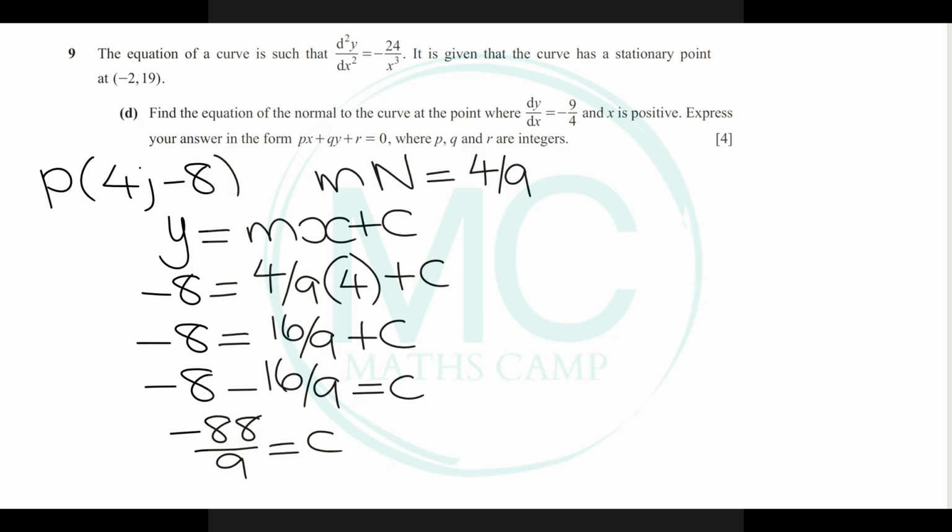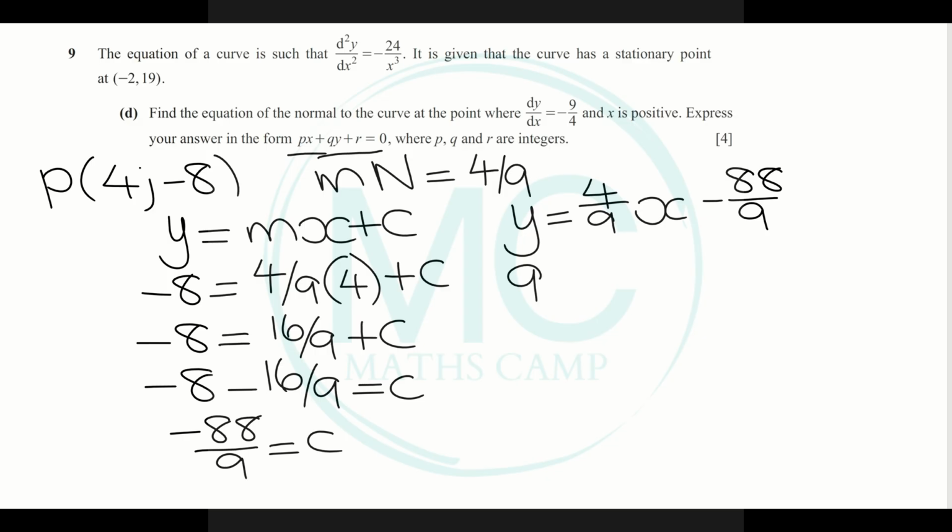And now we can write our equation for the normal in the form y is equal to mx plus c. So we said y is equal to 4 over 9 x plus c, which is negative 88 over 9. But the question wants our answer in the form px plus qy plus r is equal to 0. In this form, our constant and our coefficient cannot have a fraction. So the first thing we need to do is multiply out the denominator of 9.